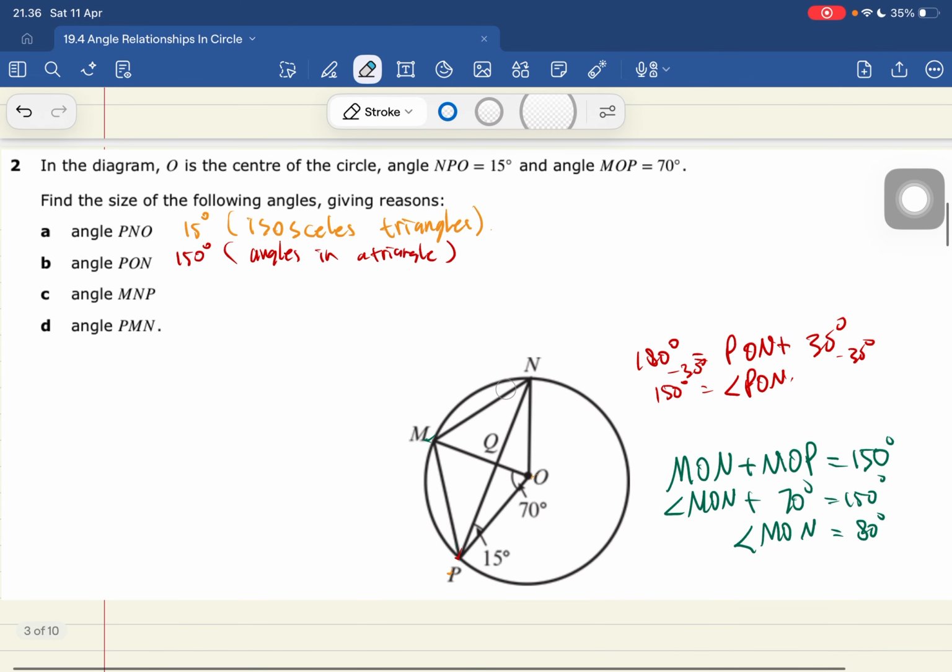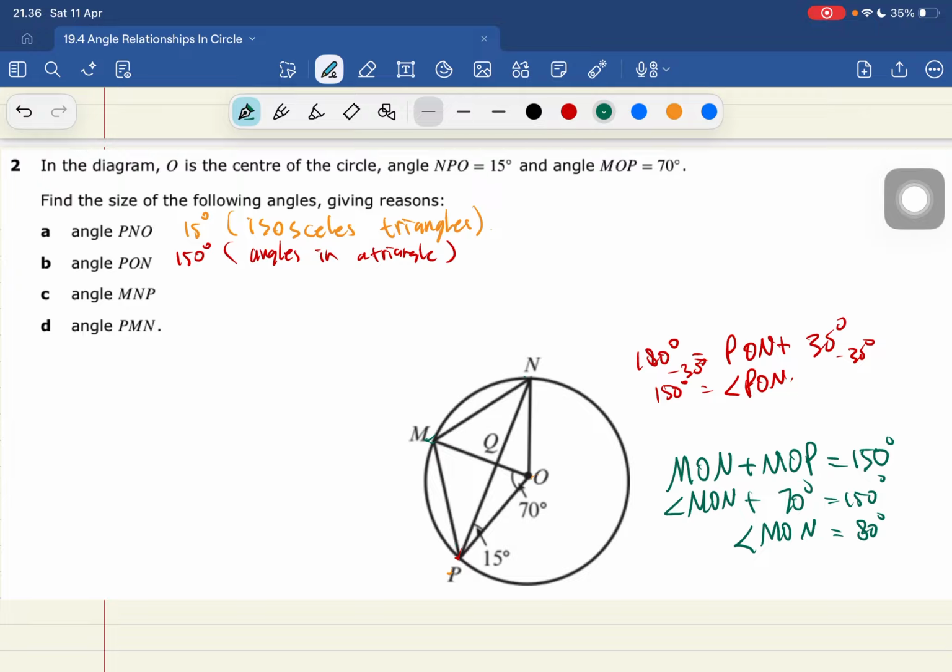Then we got MNO, in triangle MNO. What is the relationship of MO and NO?